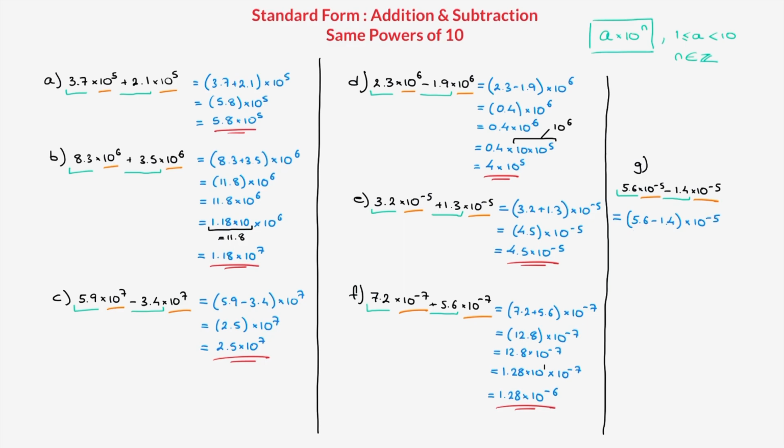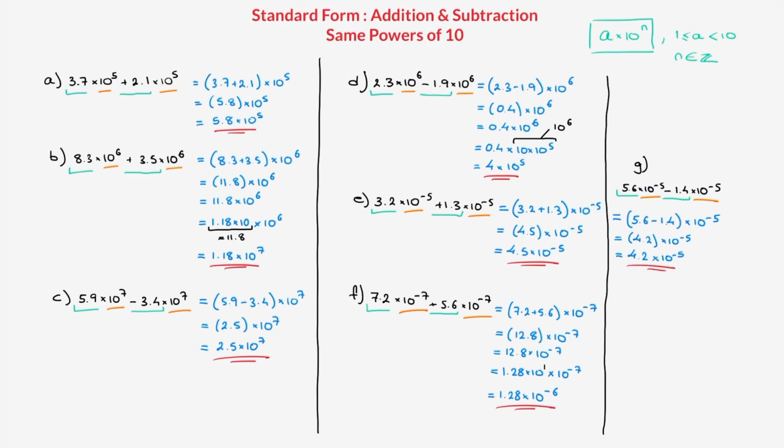Now, 5.6 minus 1.4, well, that's 4.2. And so we can state that that's equal to, in parentheses, 4.2, close parentheses, times 10 raised to the power of negative 5. Finally, since we've gotten rid of the subtraction inside this pair of parentheses, they no longer serve any purpose, and we can get rid of them. So we can state our final answer as 4.2 times 10 raised to the power of negative 5.